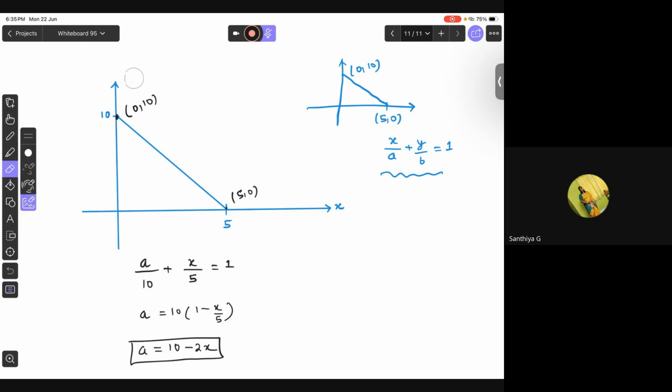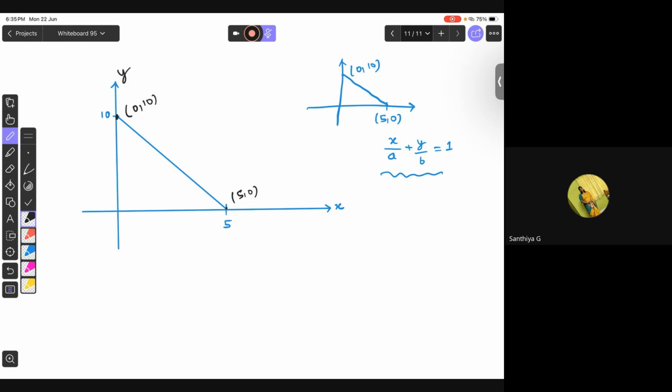The purpose is, in case y is given, forget about acceleration. If y and x intercepts are given, you can write the equation of the line: y by 10 plus x by 5 equals 1. Correct? So you solve this question.